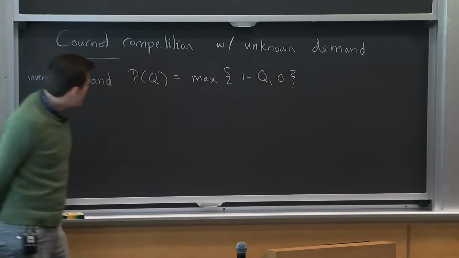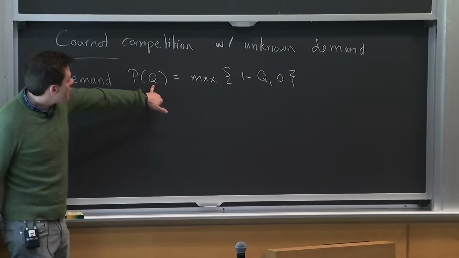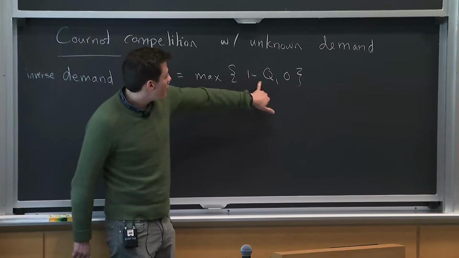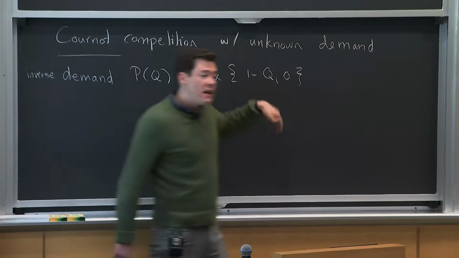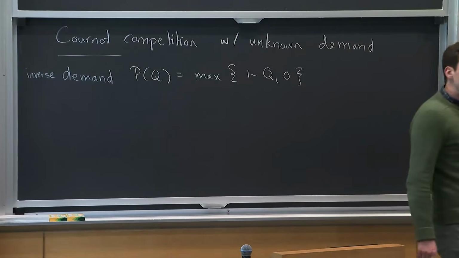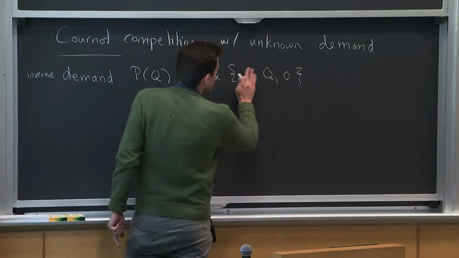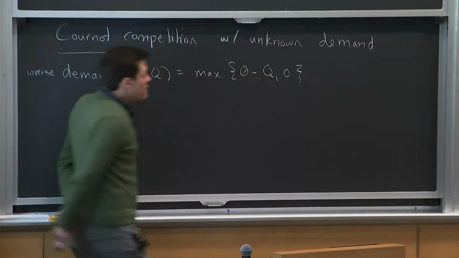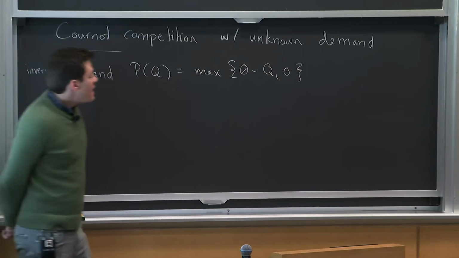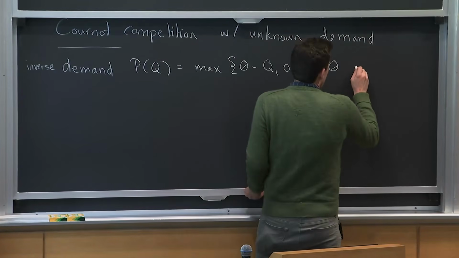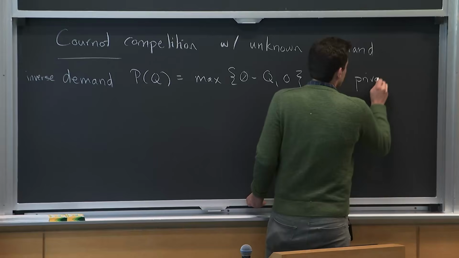Before we wrote something like this, so that if the quantity Q was produced on the market, then the price was 1 minus Q unless Q was really, really high, in which case the price was 0. But what we're going to look at today is what if this intercept that used to be a 1 is now a theta, and theta is unknown, or theta is going to be private information.